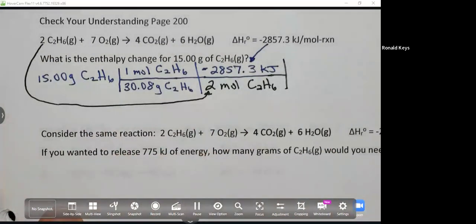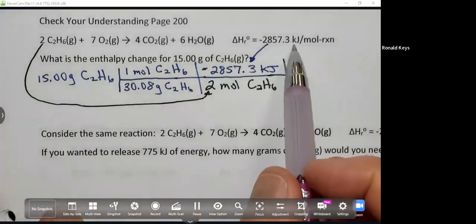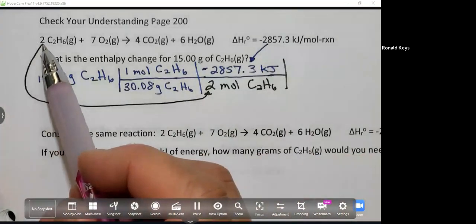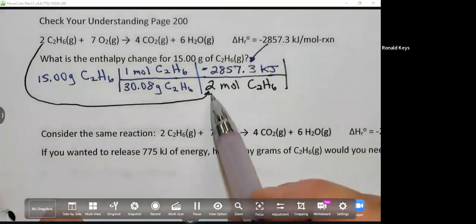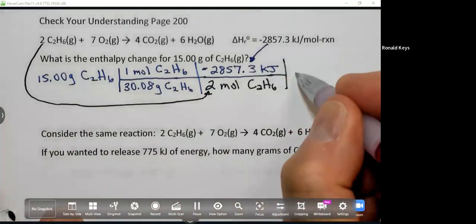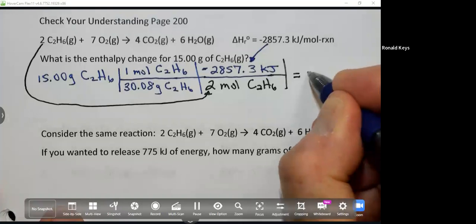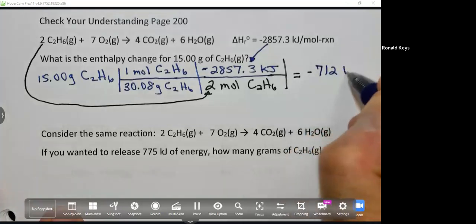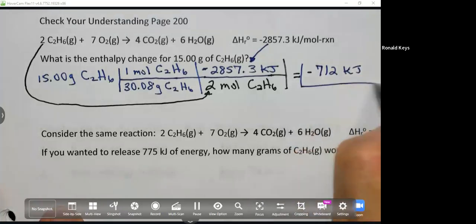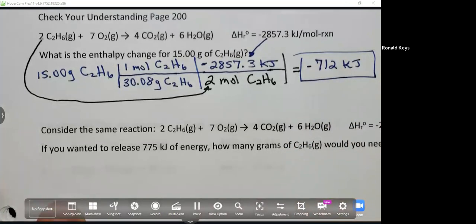To me, it'd make more sense, but we just got to make sure this amount of energy given off is when you burn 2 moles. So we just take that into account right here. And then the amount of energy we would get out of this is -712. All right.